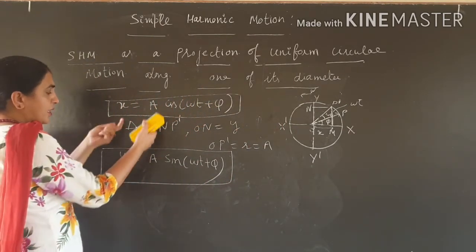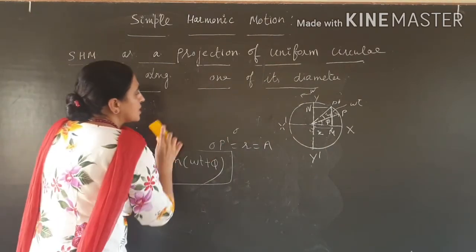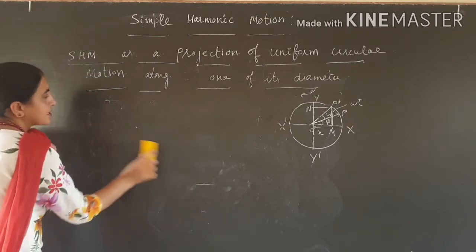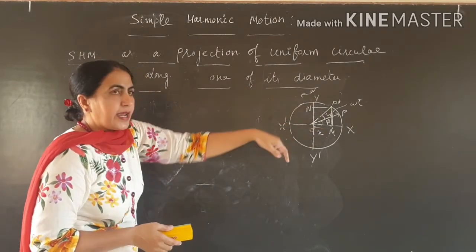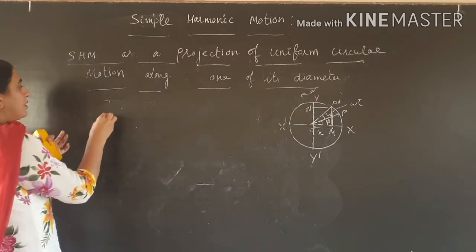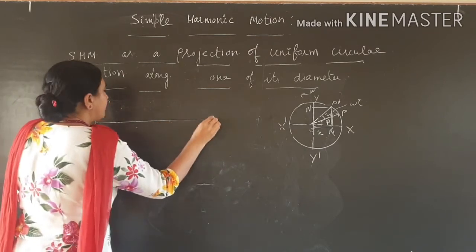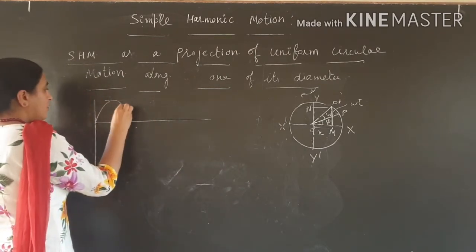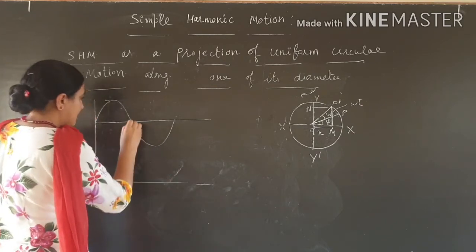And if you draw the graph of these cosine and sine functions, you will get graphs like this. When we divide this circle into 8 parts and take the points, you will get the sine and cosine. You can draw it yourself, I will give the hint. You will get sine like this and cosine like this.